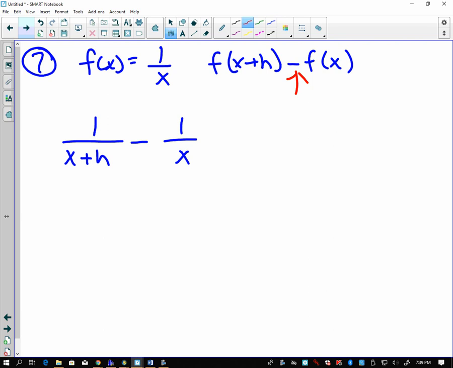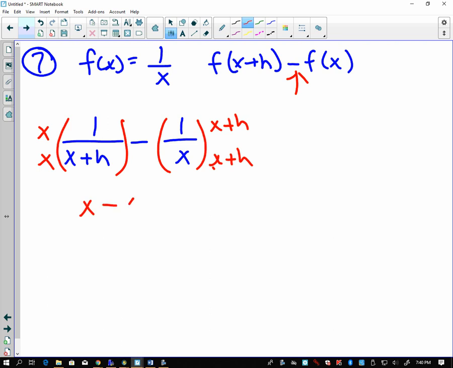For that, it's always simplest to multiply by x over x, and this side by x plus h over x plus h. So that's going to give me x. Now I'm going to minus x minus h, because this is a -1 that's multiplying by x and positive h.